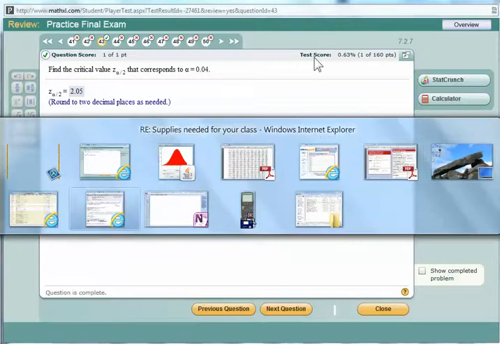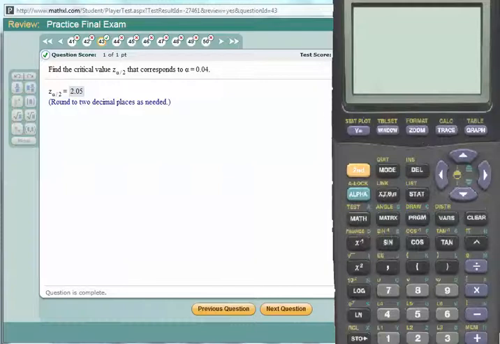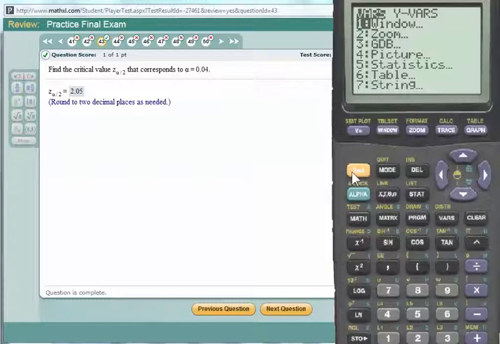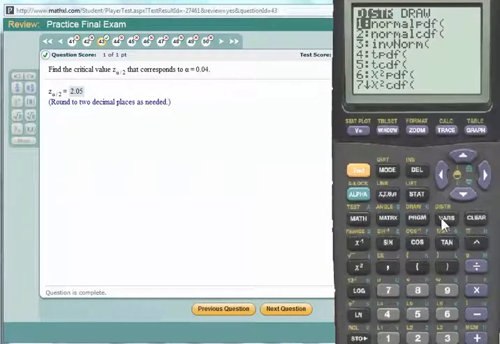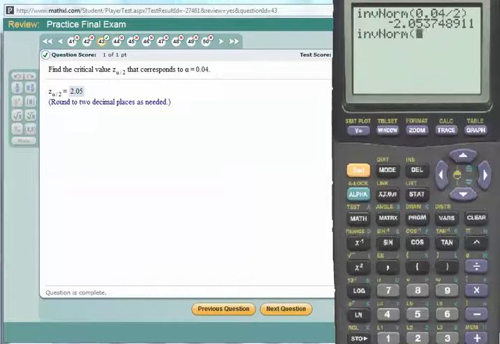And if I use the calculator, same function, second vars, inverse norm. And let's go 98% left area.